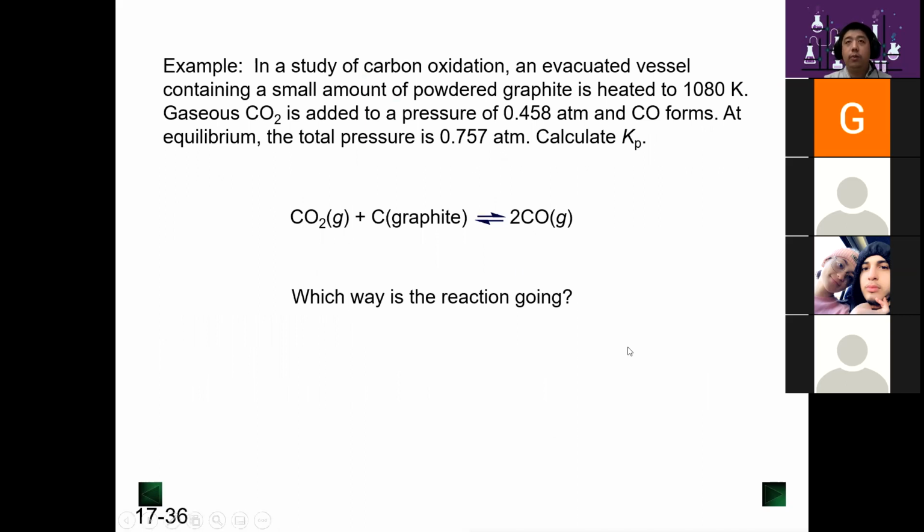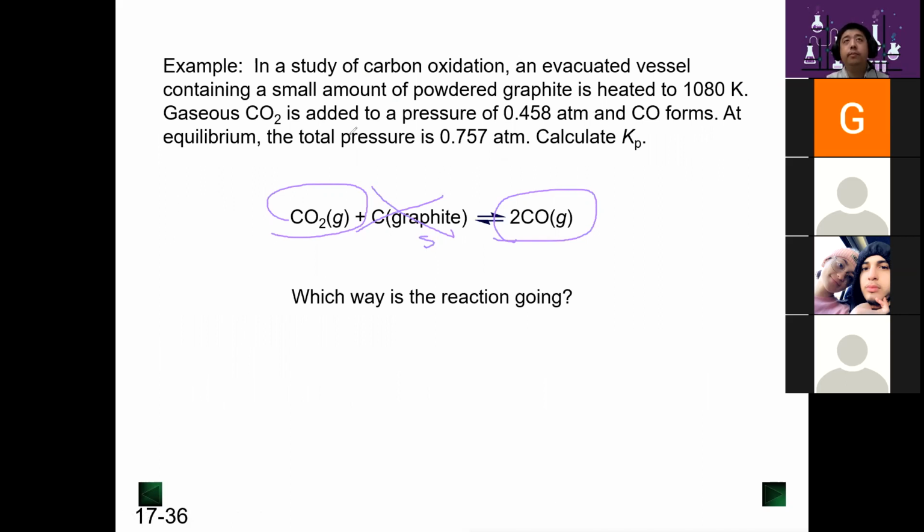So this equation is going to be a very easy one that we're going to work with for now. Really quickly, what you see here is we are dealing with mainly this and this. I don't care about the graphite. Graphite represents a solid, so it is not included in my equilibrium expression.